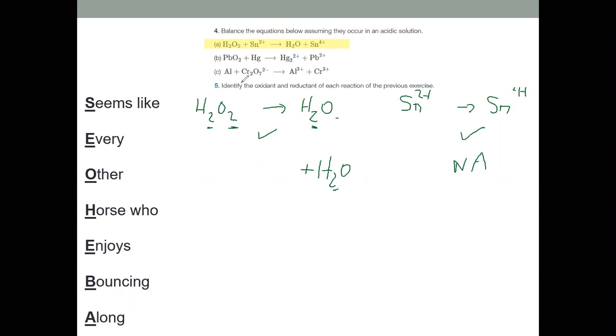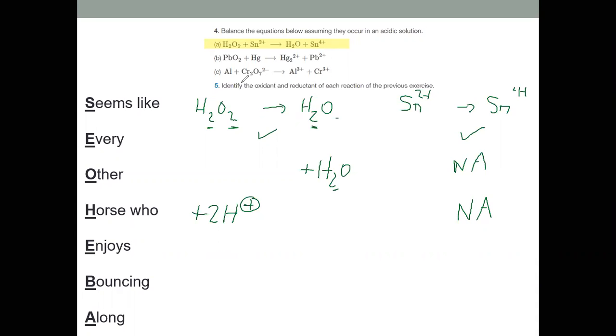So what we're going to need to do is add 2 protons here. That will equate the protons for both sides of that half reaction. Again, we don't have any protons associated with the Sn couple.